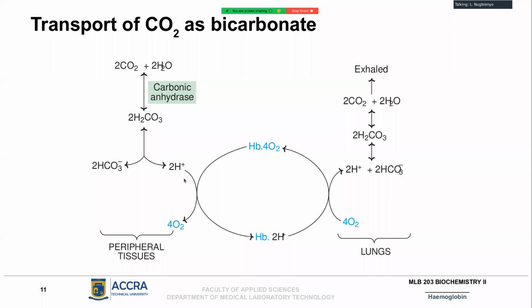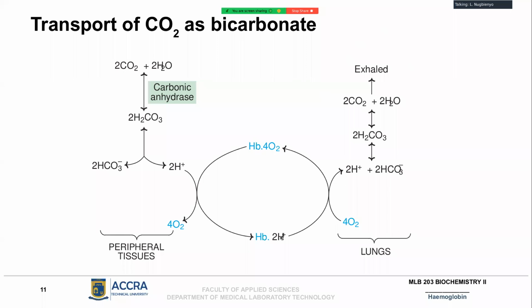Now, we have these hydrogen ions coming in to bind with the hemoglobin that has come into the tissues to release oxygen to the tissues. So you have this oxyhemoglobin coming into the tissues to release oxygen and then carry carbon dioxide away. The 85% of that carbon dioxide is now binding to the hemoglobin to give you this hemoglobin proton complex, or protonated hemoglobin.